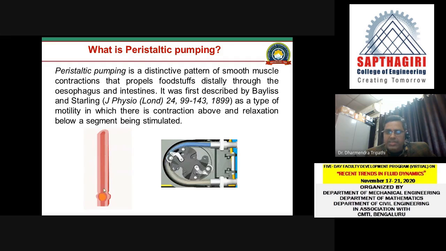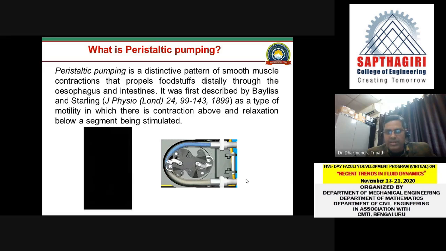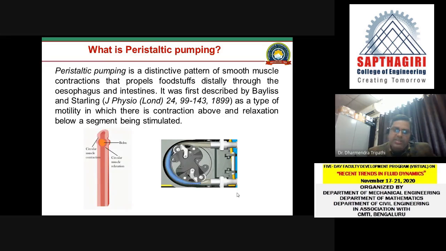Based on this natural pumping phenomenon, many mechanical and civil engineers are designing peristaltic pumps, which are applicable everywhere, even in our homes, to transport or deliver water or any type of fluid. These types of pumping are frequently used in real life, and they are very useful.